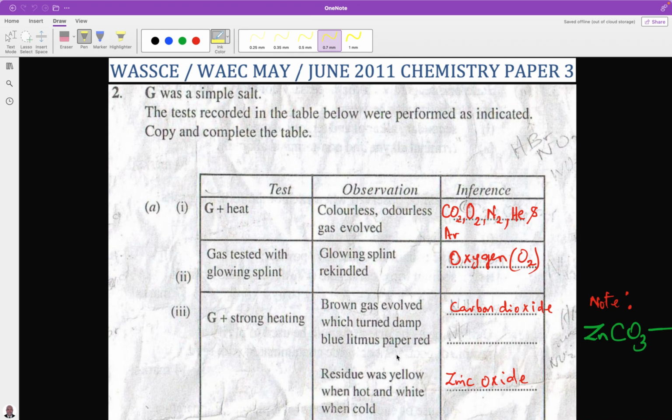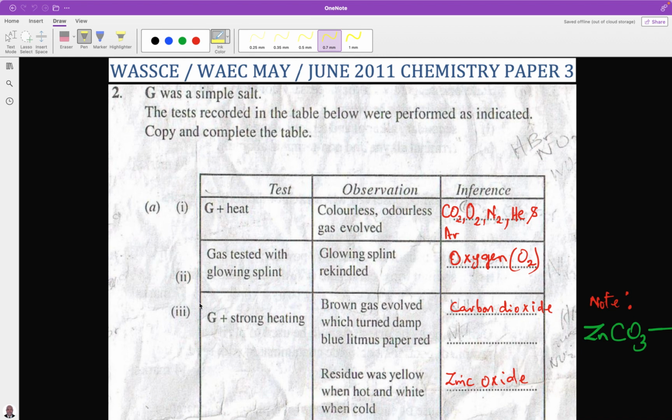Under the inference, it is supposed to be a gas. It could be carbon dioxide, oxygen, nitrogen, helium, or argon.